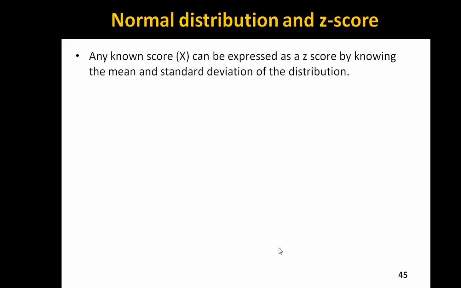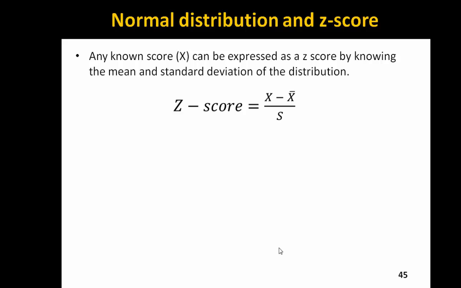When we talk about the z-score, we can take any score in our sample and convert it to a z-score. But in order to do so, we need to know the mean and the standard deviation of our sample. Anytime we have a sample of data, we always start by calculating the mean and the standard deviation.